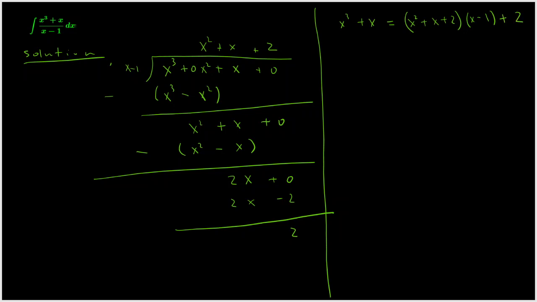The remainder is 2, right? I believe you can follow me. It's nothing but the dividend equals the quotient times the divisor plus the remainder. So it's true. If you want, you could check by multiplying out the right hand side. You will get the left hand side.